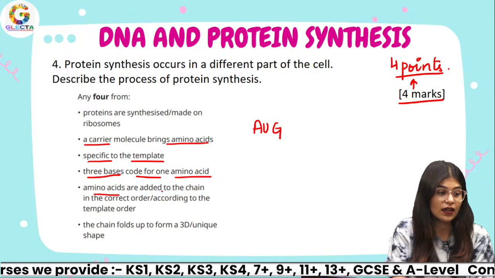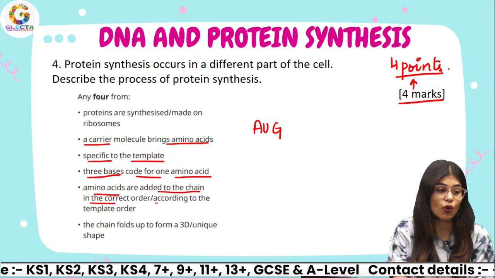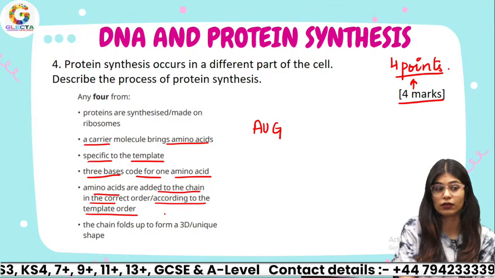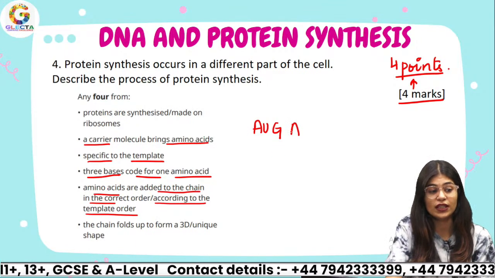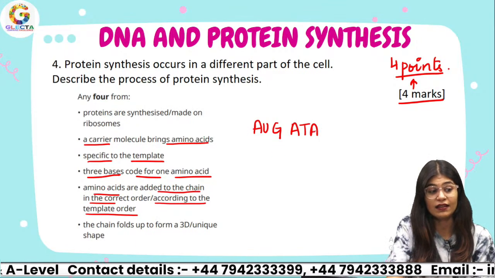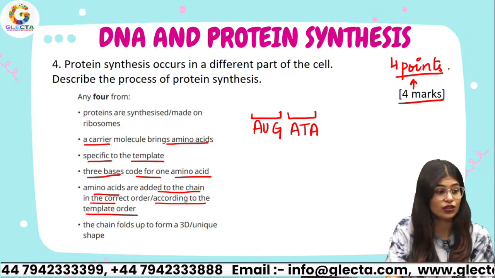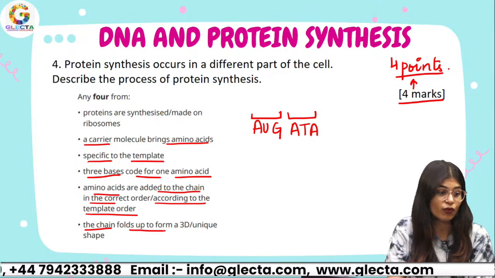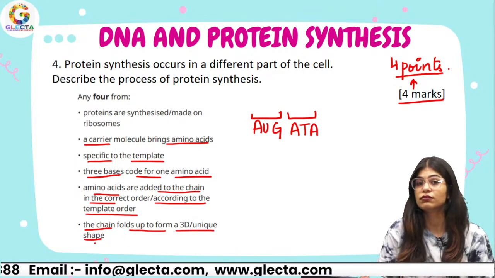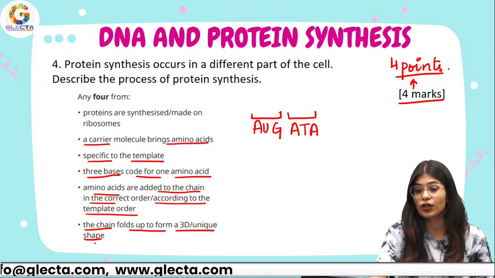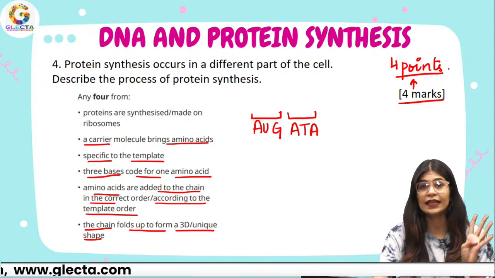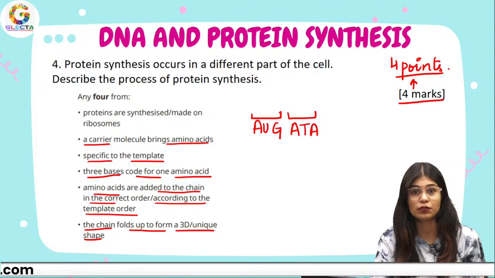Then amino acids are added to a chain in the correct order according to the template order. For example, after AUG, if I have AUA, then the first amino acid is for these 3 bases, then the next amino acid for the next 3. Or you can say that the chain folds up to form a 3D unique shape. So we can work with any 4 out of these, and you would get complete marks.